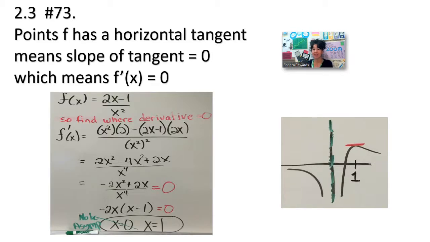So once you have these answers, anytime you have an x in the denominator, there can be some domain issues. So it's essential that you substitute the number back into the original to make sure you have what you think you have.